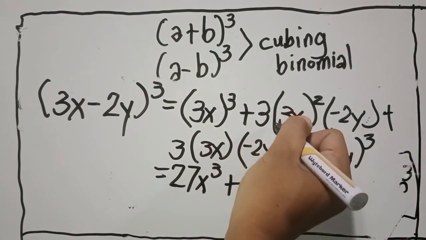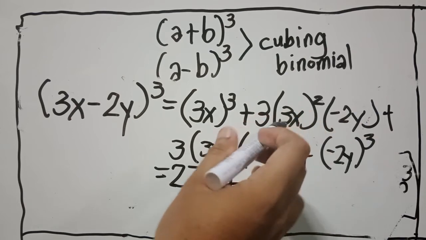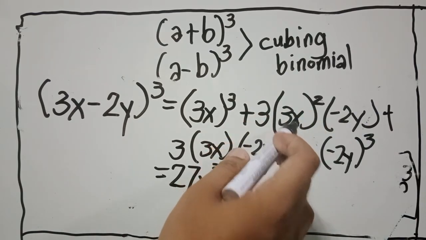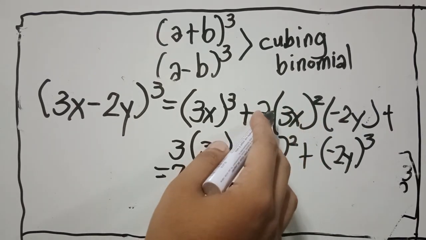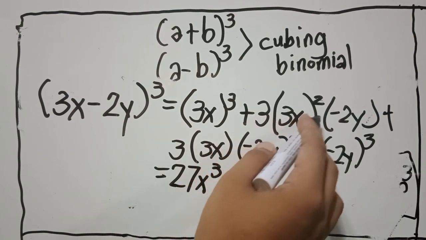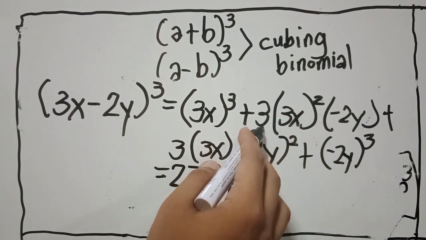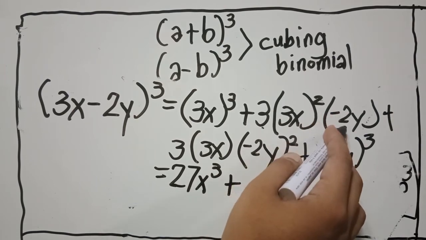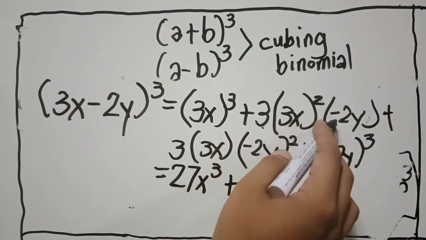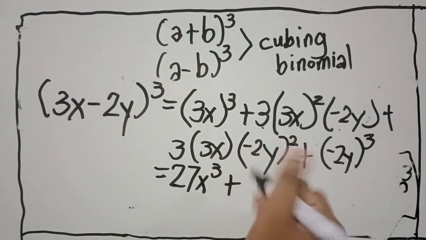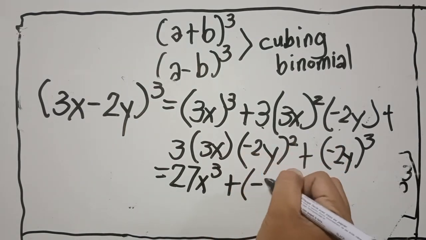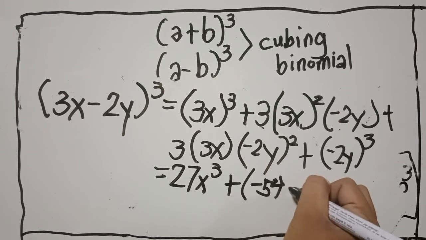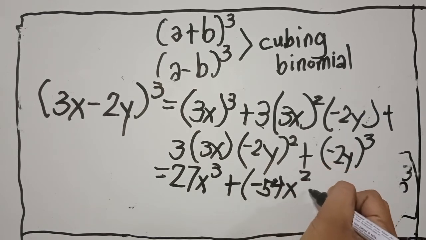Plus 3 times the square of the 3x, which is 9x squared. That's 3 times 9x squared, that's 27x squared, times negative 2, that's negative 54x squared y.